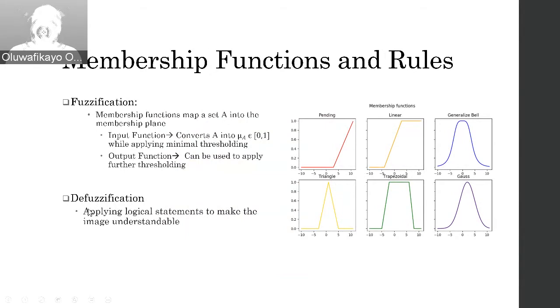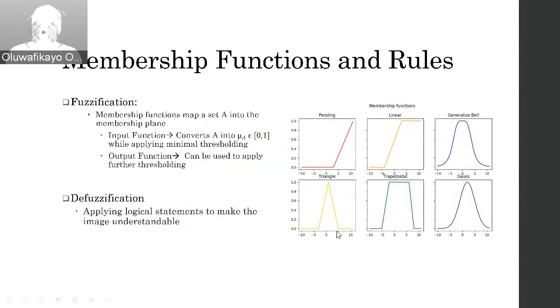So after the output function, when you defuzzify the image, what you're doing is applying logical statements to that output function's image in order to determine what those values mean. So you could say that any value between 0.5 and 0.7 was a certain pixel color, and that would translate it for you.